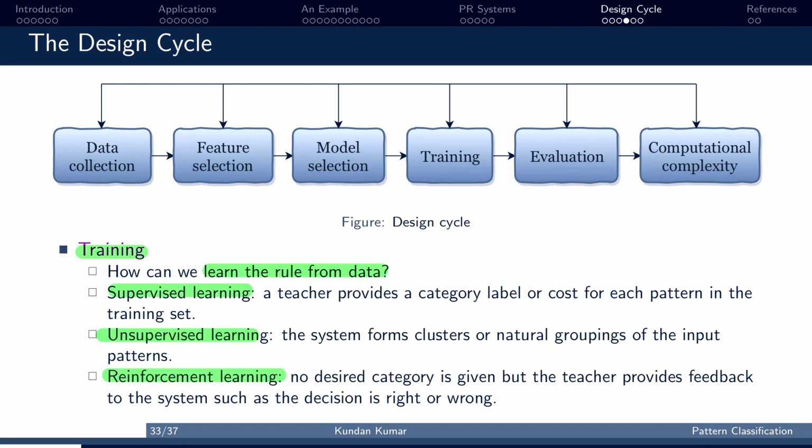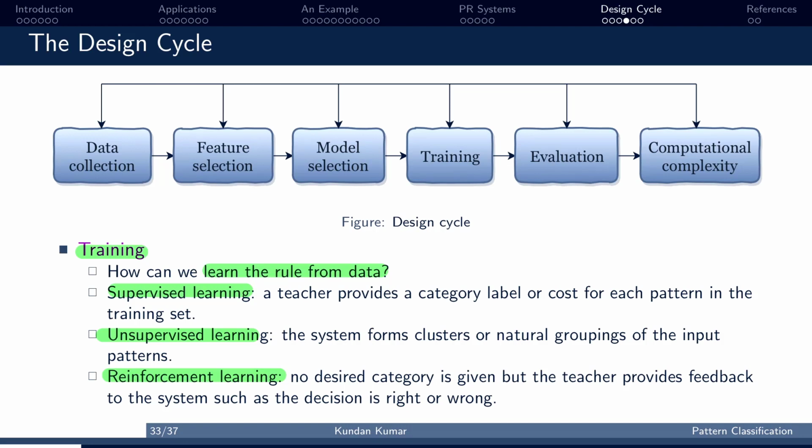That means a teacher provides a category label or cost for each pattern in the training set. So if we are performing training and we know the labels of the training data set, that means we are giving some information of the class label associated with the training data.